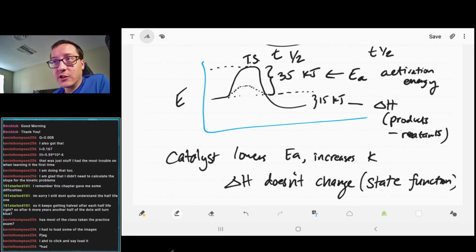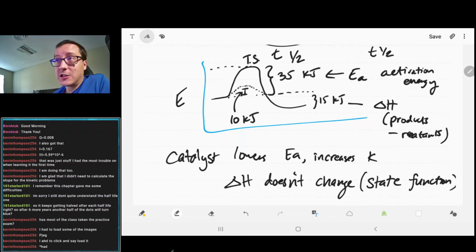And it's of course not going to change delta G or delta S or any of the other ones, which are also state functions. But in this particular one, we're looking at EA and delta H. So we're looking at what describes the catalyzed one. And it's told us that this amount here, terrible at drawing, but that's 10 kilojoules.